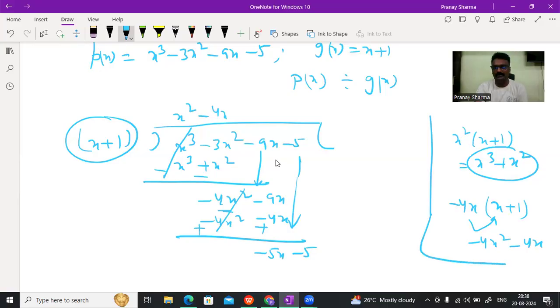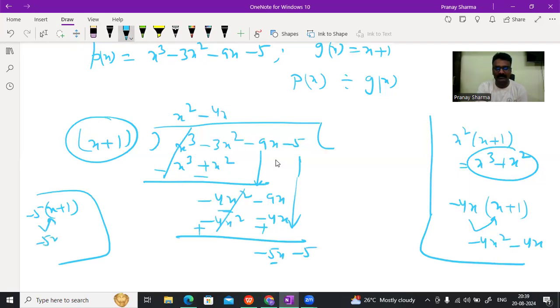Now, again, this question is going to be the same. What exactly will we multiply to get this? We need to have minus 5, right? That is something that you need to ask yourself. See the first term. You need to have minus 5x. How do you get minus 5x? When you multiply this with minus 5.